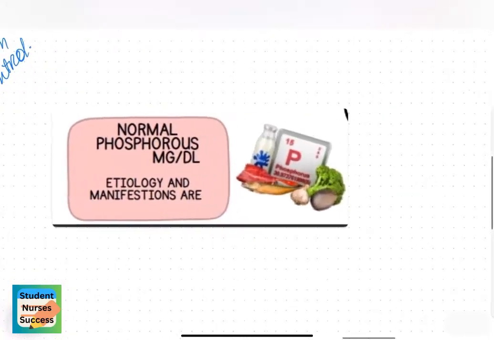The last thing I want to talk about is phosphorus. Phosphorus plays a role in cellular metabolism and helps form ATP. It is excreted through the kidneys, so renal failure may lead to increased phosphorus. Parathyroid hormone lowers phosphorus by increasing renal excretion of phosphorus.